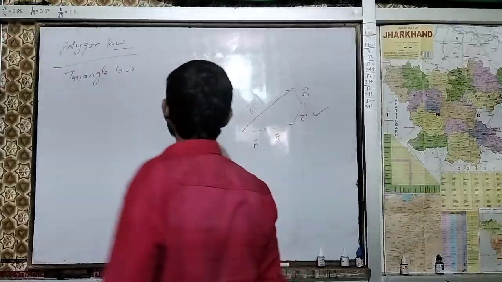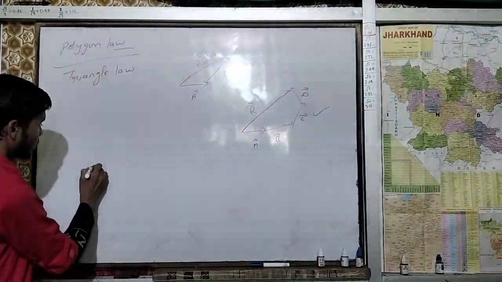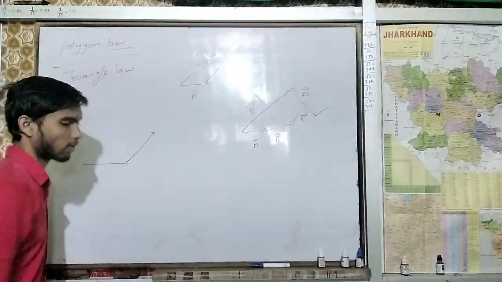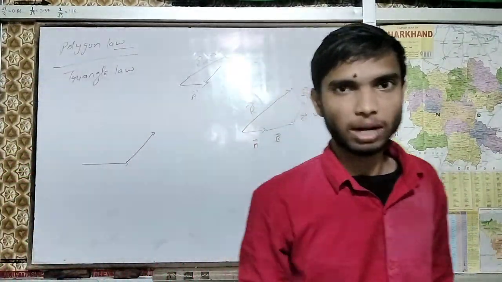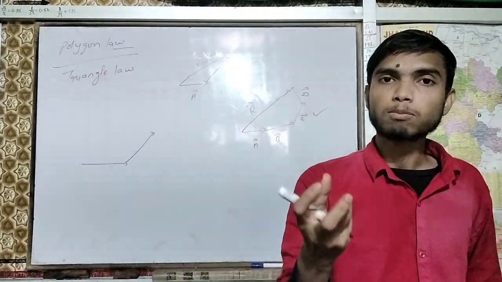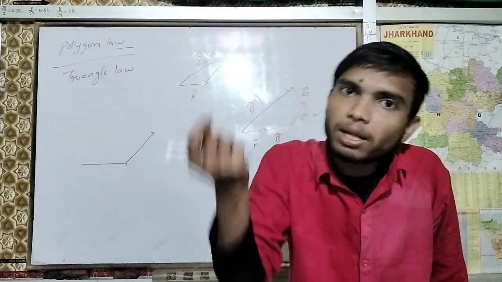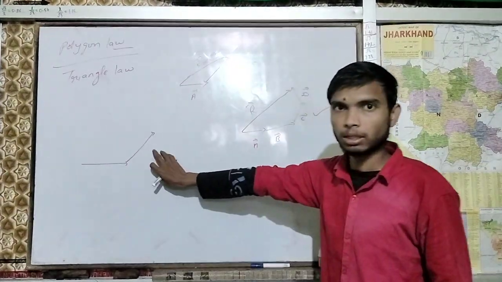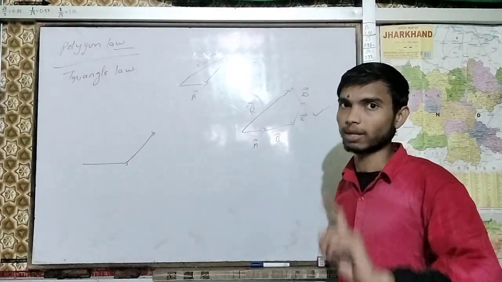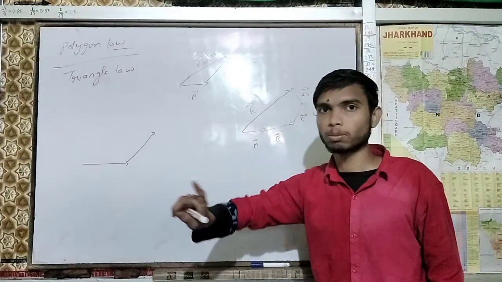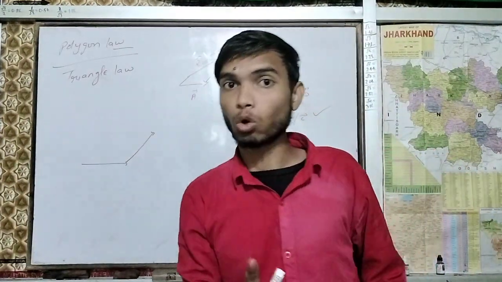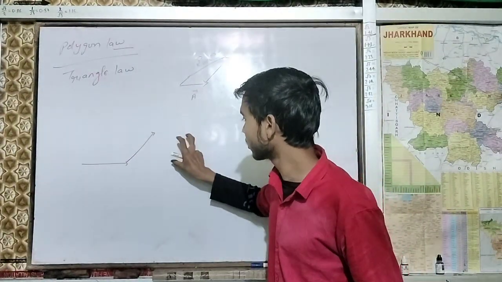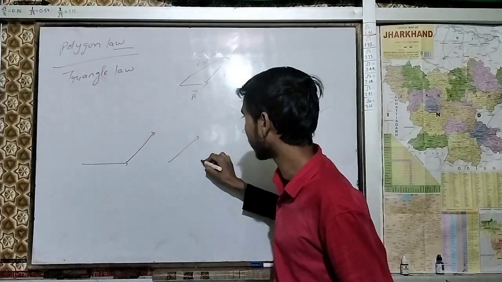Now, how to shift any vector? Look, this is a vector. This is another vector. It is very simple to shift any vector. But remember, there are some points that we have to keep in mind: when you are shifting any vector, don't change the direction of that vector. The direction of this vector should not be changed. You can parallelly shift this over here like that.